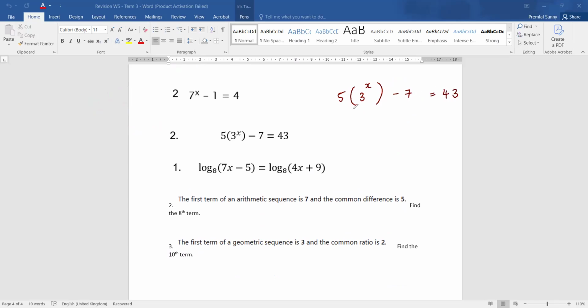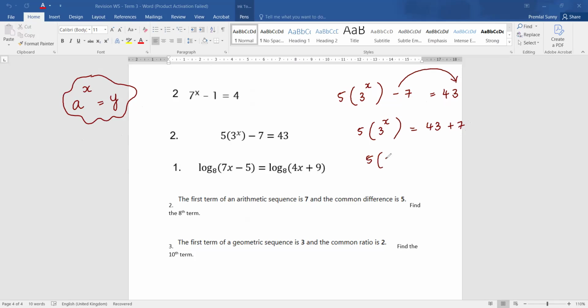Now we know this is again solving an exponential equation. Exponential equations should be in the form of a to the power of x is equal to y. All the numbers should be on one side, so minus 7, you bring it to the other side. So 5 times 3 to the power of x is equal to 43, and minus 7 becomes positive 7.